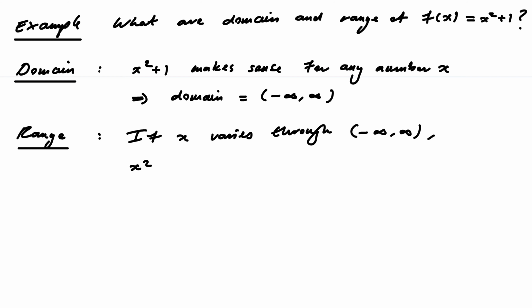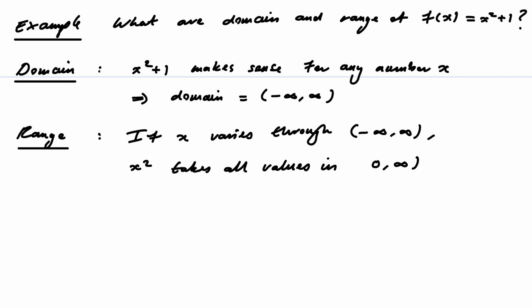X squared can vary through any non-negative value. X squared takes all values in the interval 0 to infinity.